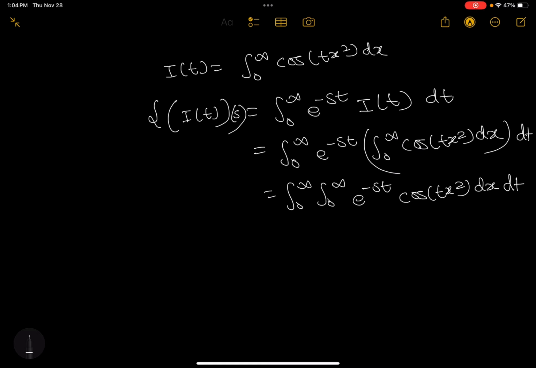Since the domains of both integrals are constant, from 0 to infinity, I can switch them without making any changes. Of course, I need to switch dx dt to dt dx, but I can do that.